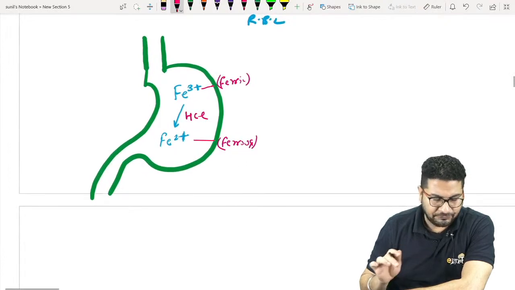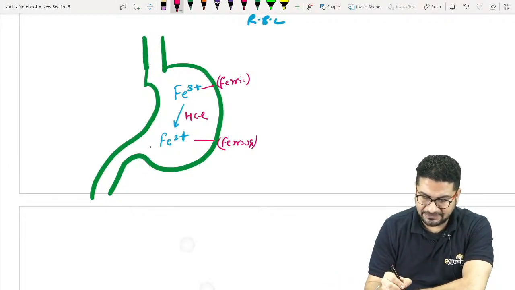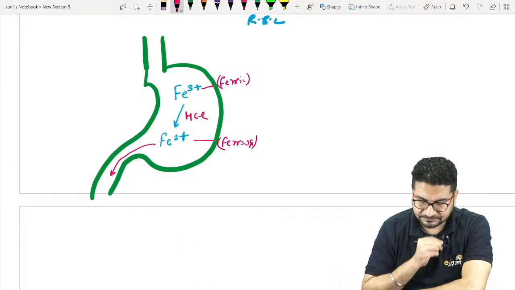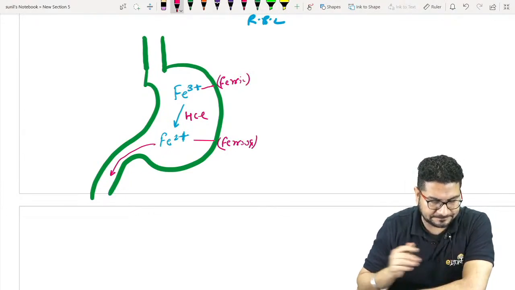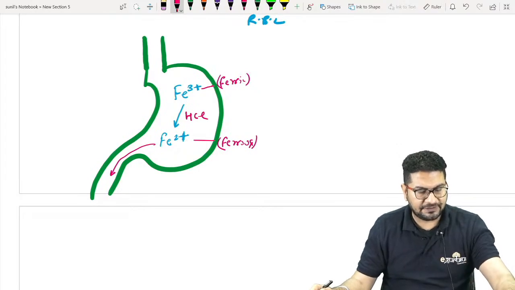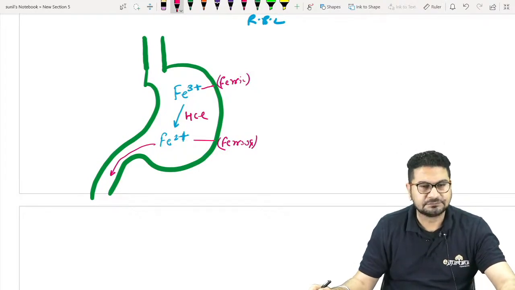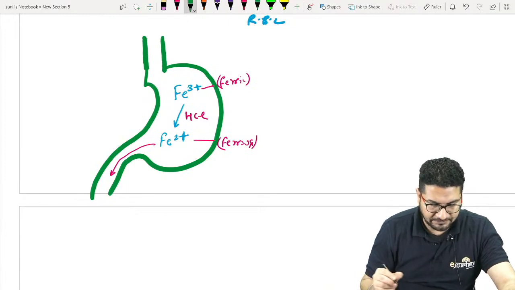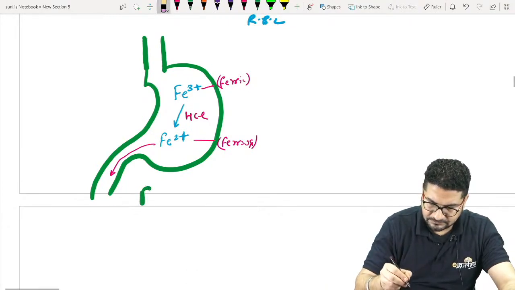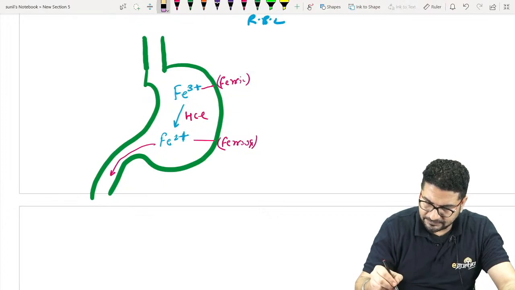If I ask you which form is entering into the duodenum, tell me the answer, guys: ferrous or ferric?